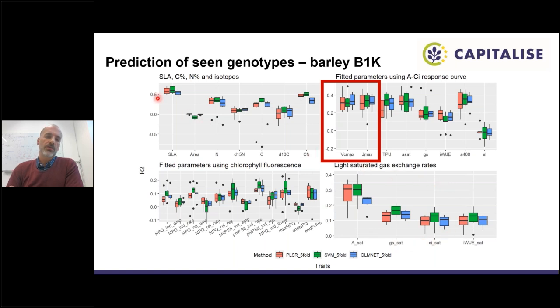With different colors, I show the performance of the 3 methods which are being tested, PLSR, SVM, and GLMNet.